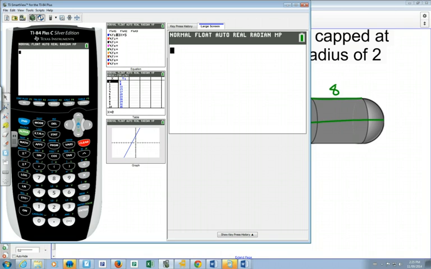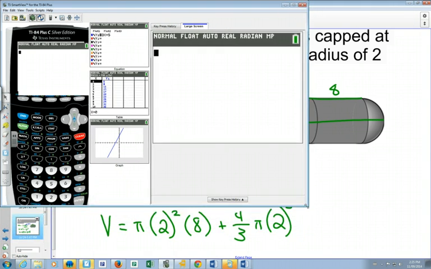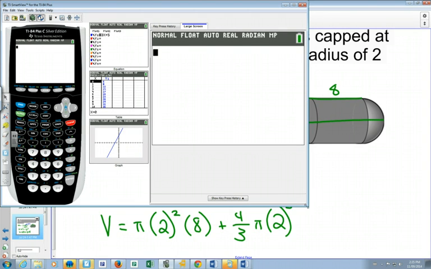Excellent. And I can see it. And when we're typing this, I'm going to type this in exactly as it is.